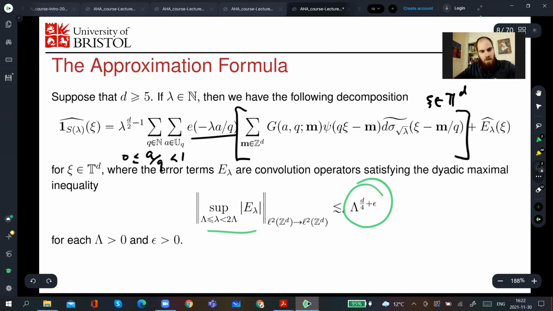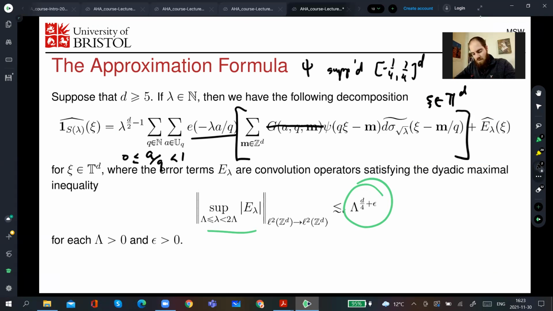This is a 1 over Q periodic function. Well, not quite. It's a 1 periodic function. And if I didn't have these Gauss sums right here, then this would be a 1 over Q periodic function, because psi, I've assumed, has support, I think I said -1/4 to 1/4 in all directions.